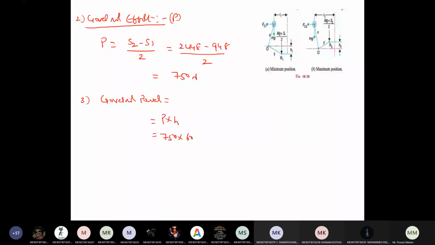I can write 60 by 1000, 750 into 0.06. What is the answer we are getting? 45 Newton meter. Okay. So this is the governor power value. 750 newtons we are getting, and governor power we are getting as 45 Newton meter.